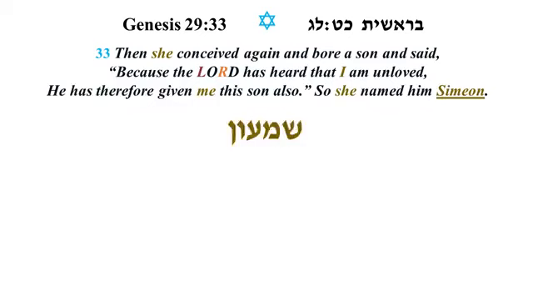But notice it's a shin, mem, ayin, vav, nun. And Shimeon means hearing. Okay? And what does the verse say? Because Yahweh has heard that I am unloved, he's given me this son also, and she named him Simeon, hearing. Very nice. You're going to see that again soon.